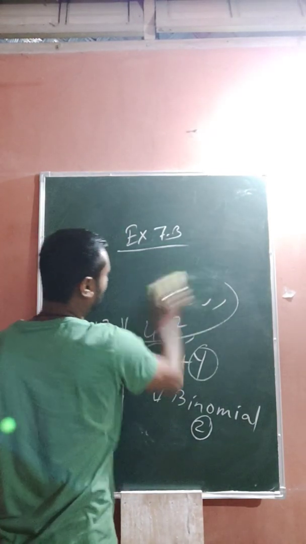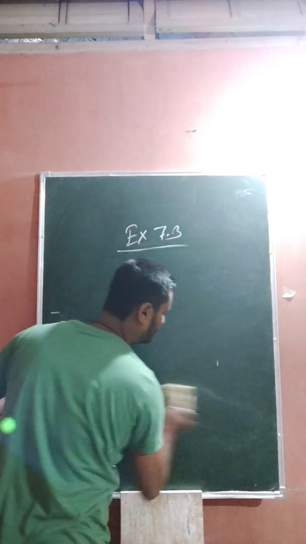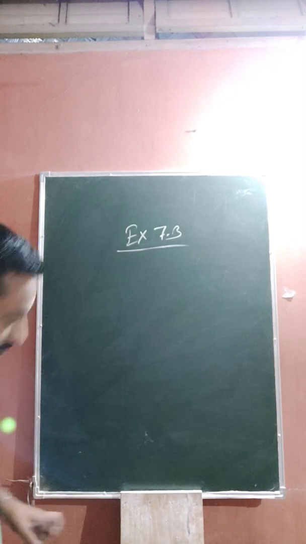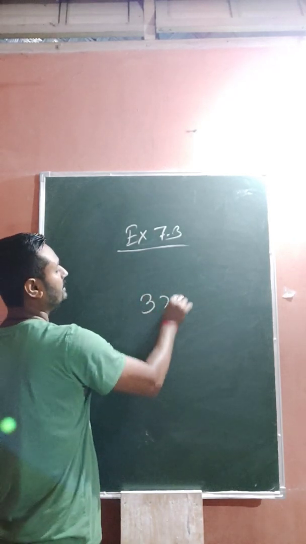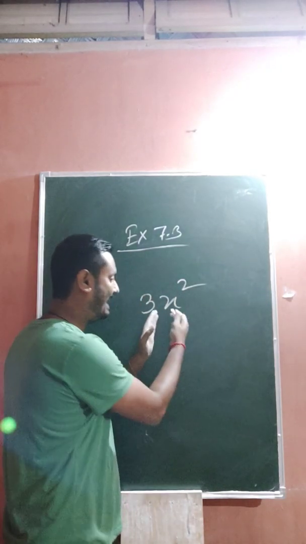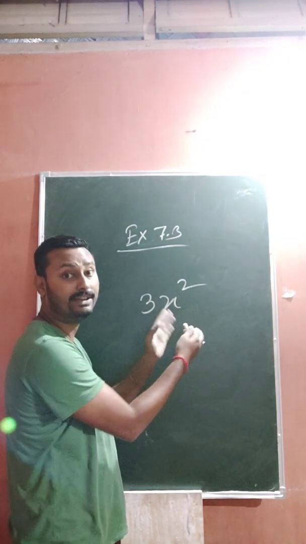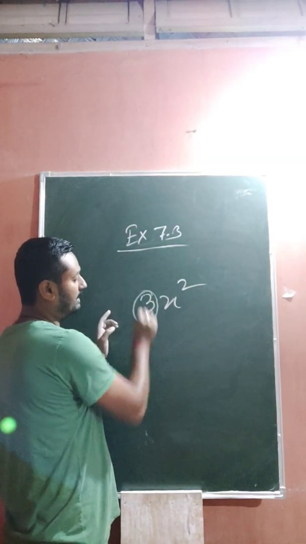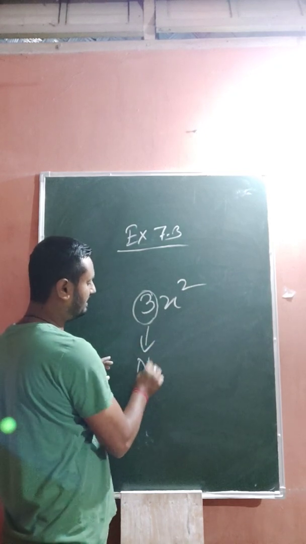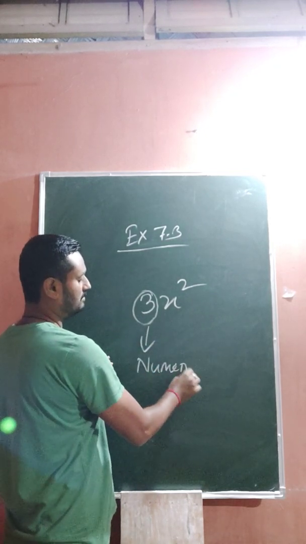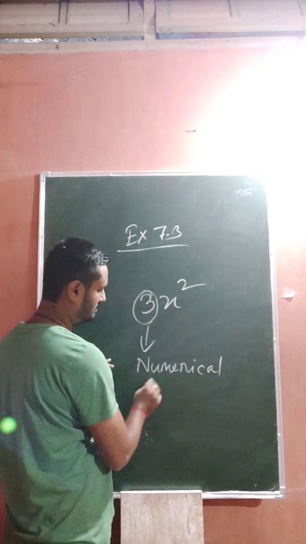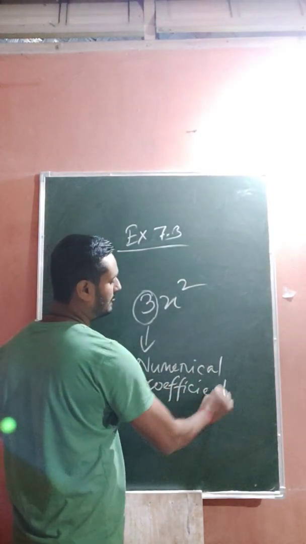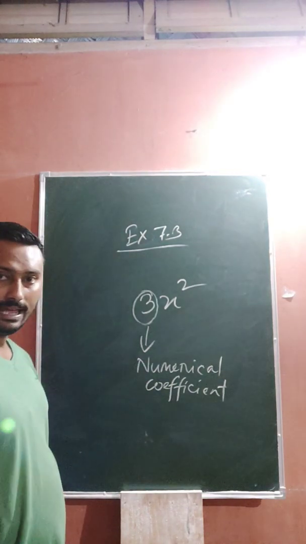There are 2 types of coefficient: numerical coefficient and alphabetical coefficient. Suppose this one, 3x squared. x, y, z are known as variables, and in front of a variable, if there is a number, it is known as the numerical coefficient. Clear?